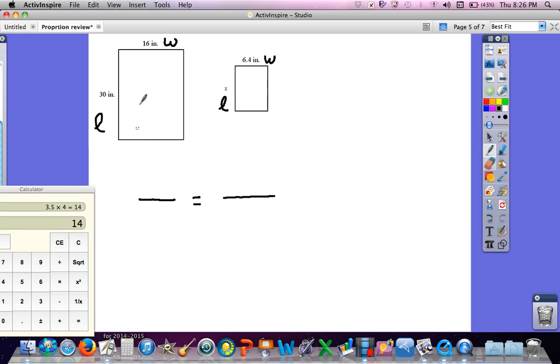So on this first rectangle, I'm going to put 16 wide by 30 long. And this is 6.4 wide by x long.